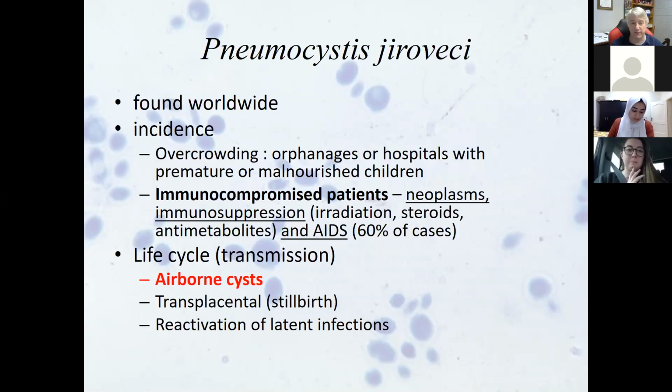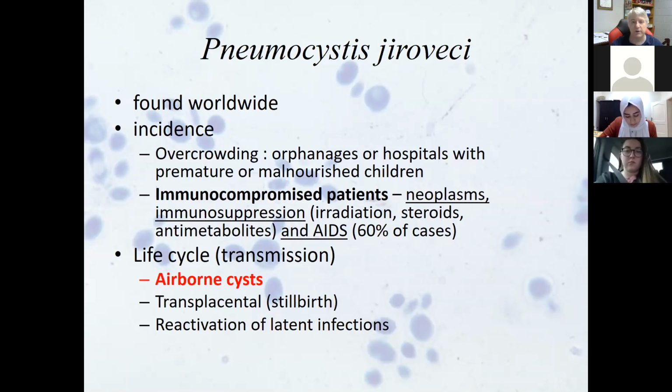Found worldwide for Pneumocystis. Overcrowded areas of the world, orphanages or hospitals with premature or malnourished children. Immunocompromised patients, again with our AIDS patients, account for 60% of the cases of Pneumocystis infection. So again, it's another one of those that you should have heard if you followed or listened to any AIDS talks or lectures.